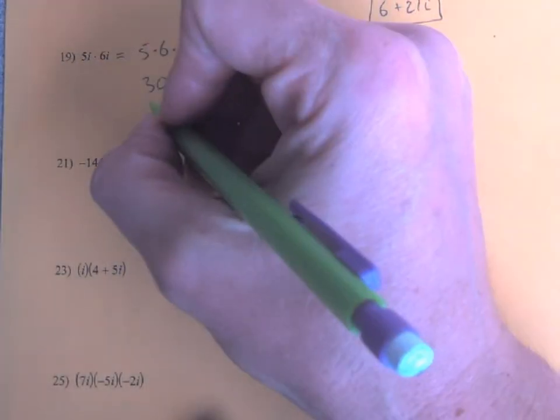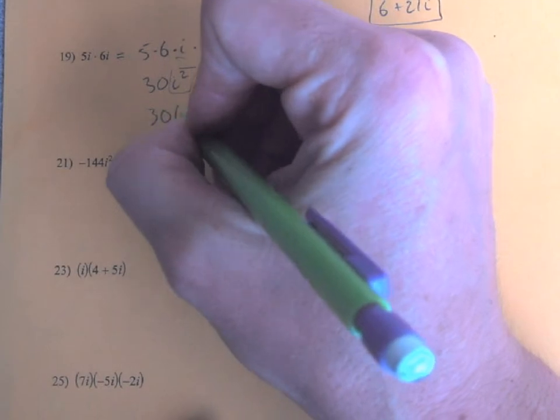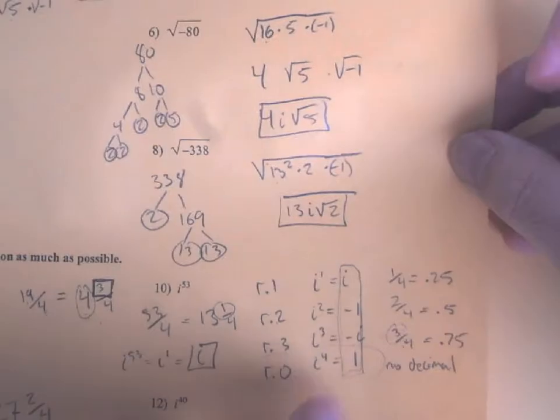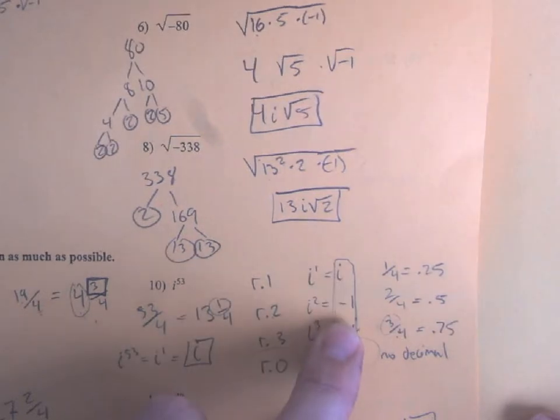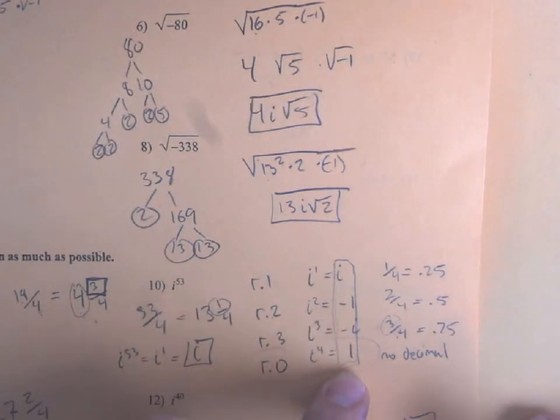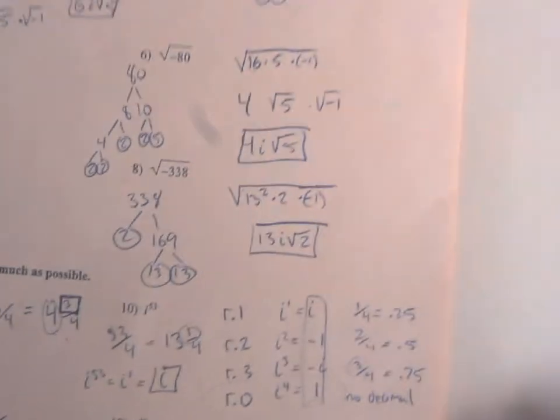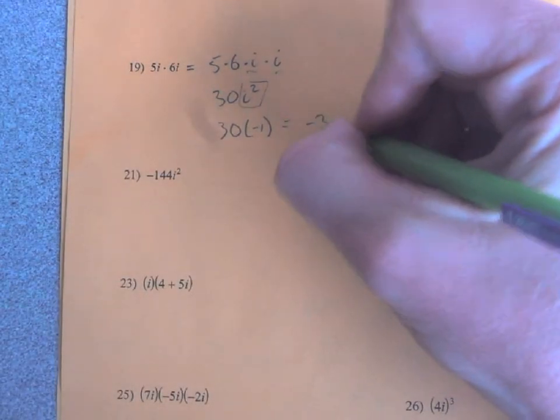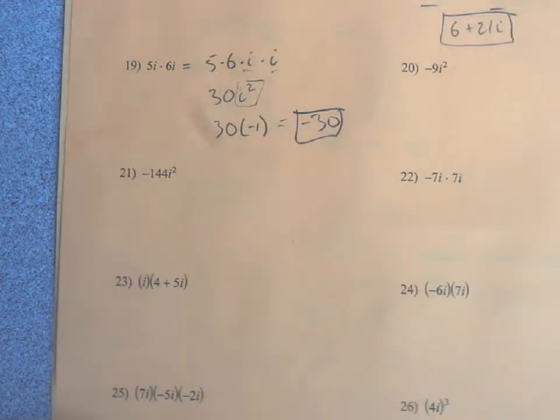So our last step, after we treat i like a variable, is we just change it back into one of those four things, right? It's either an i, a negative 1, a negative i, or a 1. So whenever we get a power of i, even if it's not those four powers, we know how to change that back into one of those four things. In this case, it's a negative 1, and so my final answer will be negative 30.